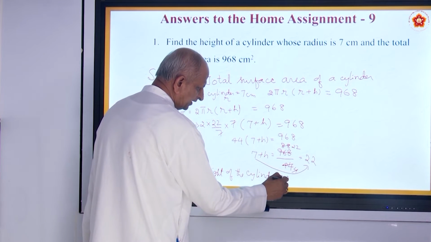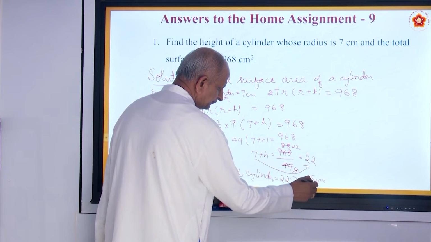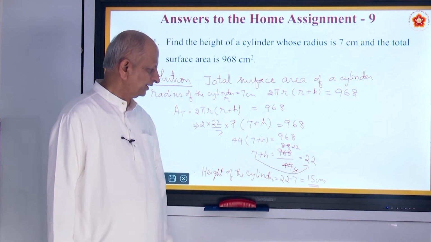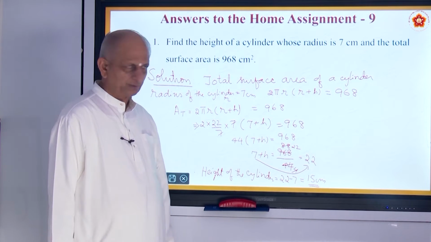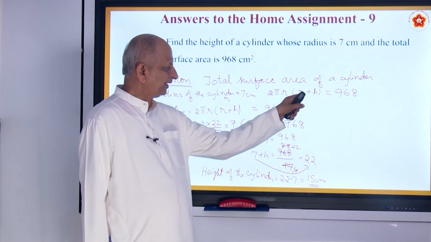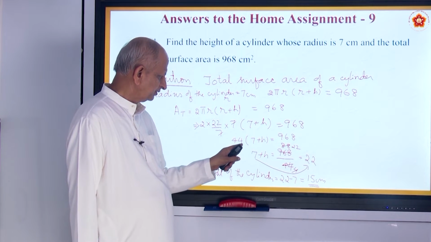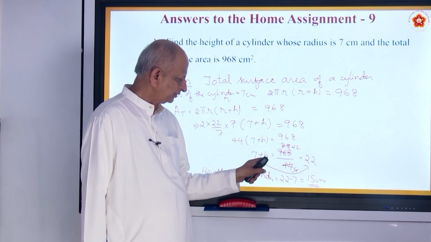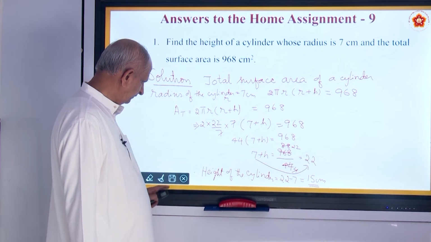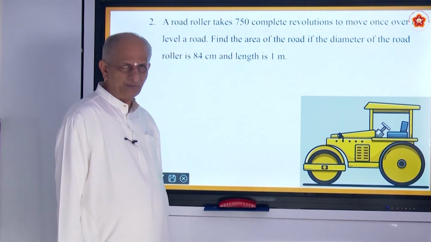So 22 minus 7, that is 15 centimeters. If you want, you can verify it in the formula. You get the answer, 15. Got it? 2 marks question. So what you have done, you have taken the formula and equated it, and there r was given, and then you found out h, 22 minus 7. Okay? Okay, next question.